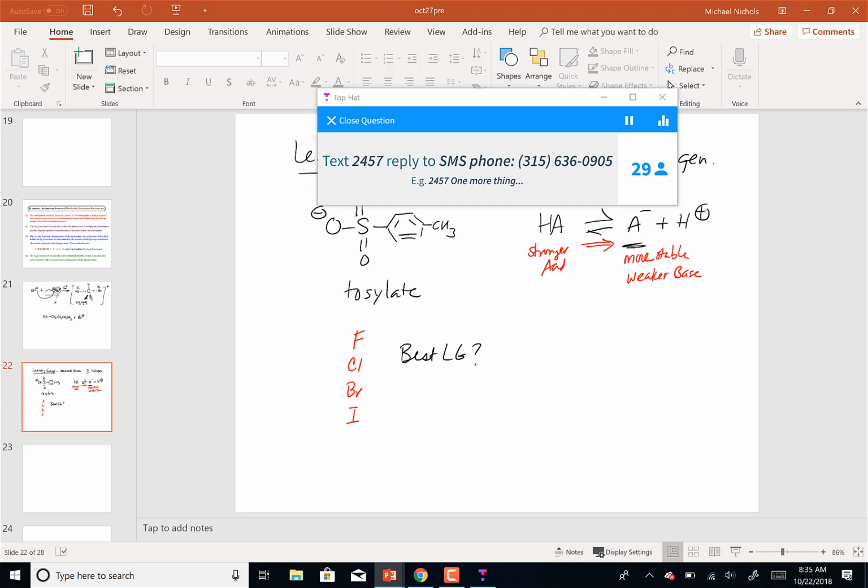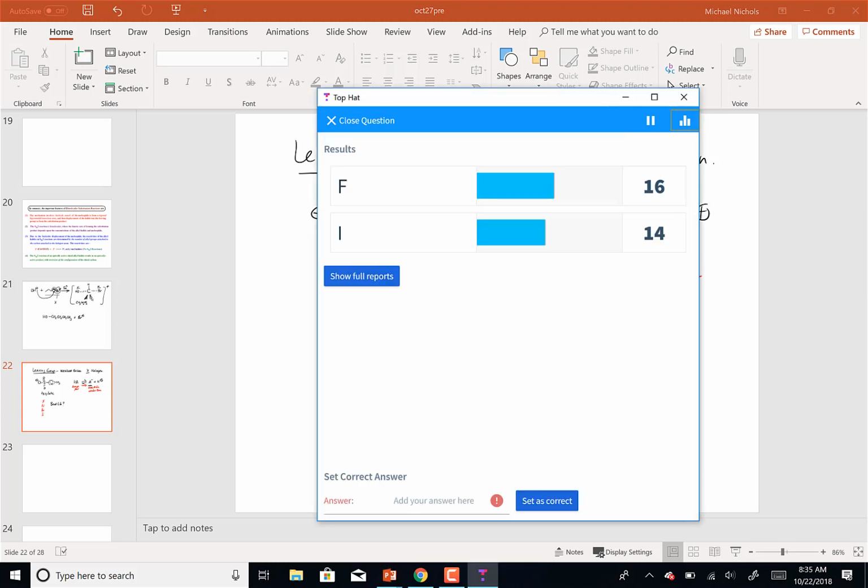Okay. I think we have 30 people. Let's see what we've got. Well, we've got what I would expect: F and I. As close to a split as you can get.